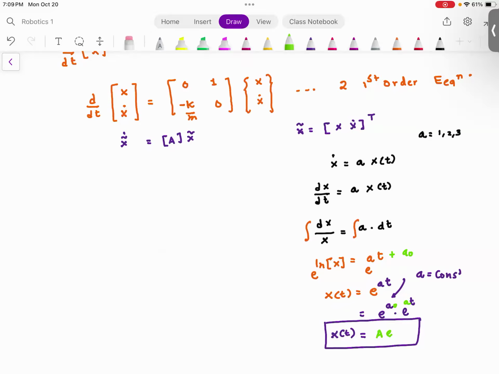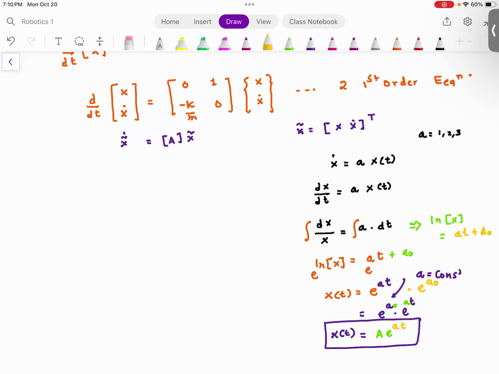When I integrate, ln of x is equal to at plus a naught. Then you take the exponent, so you get e to the at times e to the a naught. And e to the a naught is a constant, so you get a constant times e to the at.